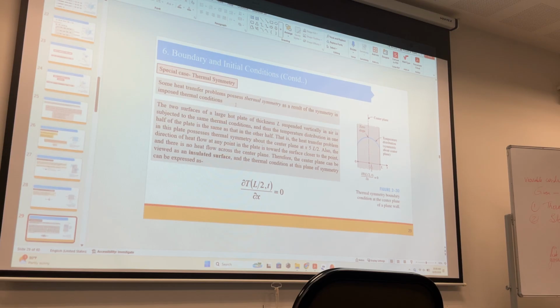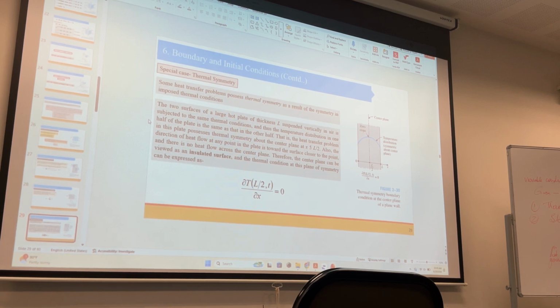Some heat transfer problems possess thermal symmetry as a result of the symmetry in the imposed thermal condition. The two surfaces of a large hot plate of thickness L suspended vertically in air are subjected to the same thermal condition, and thus the temperature distribution in one half of the plate is the same as in the other half.